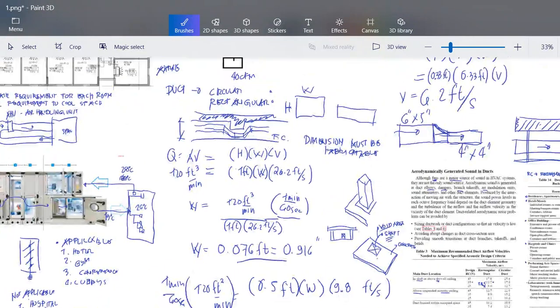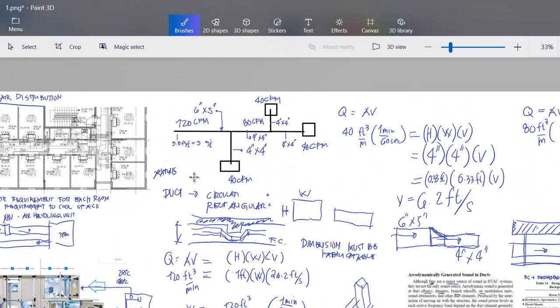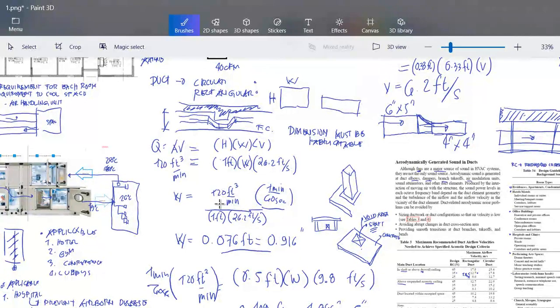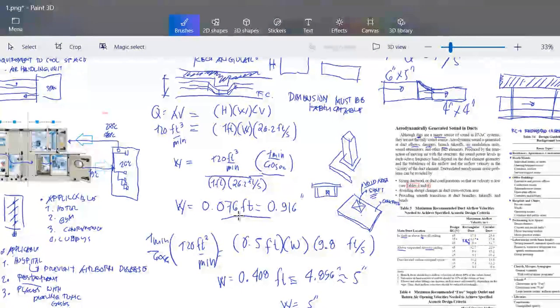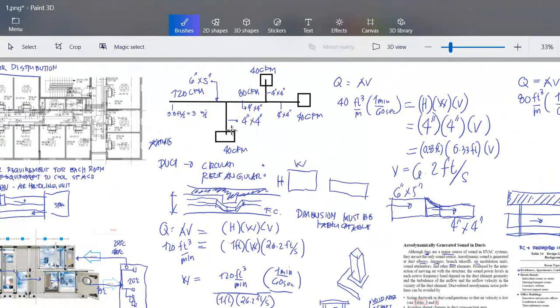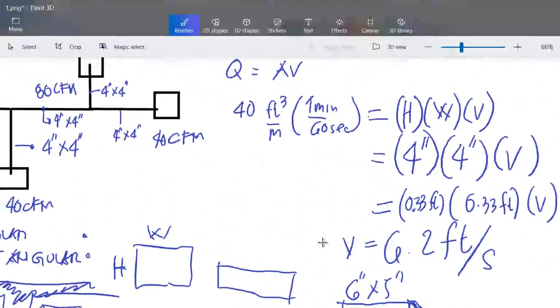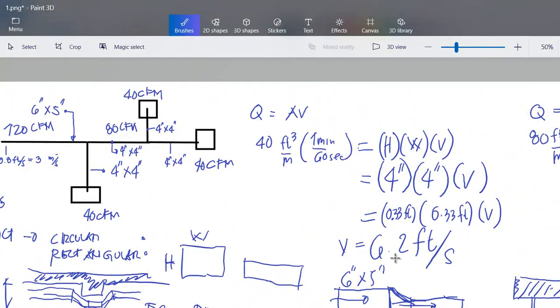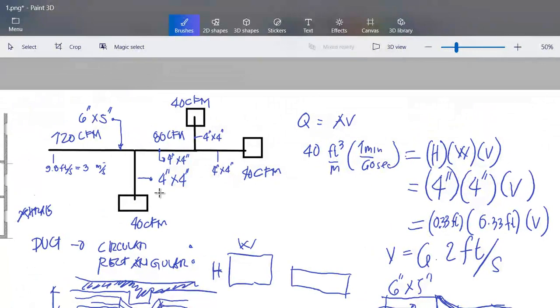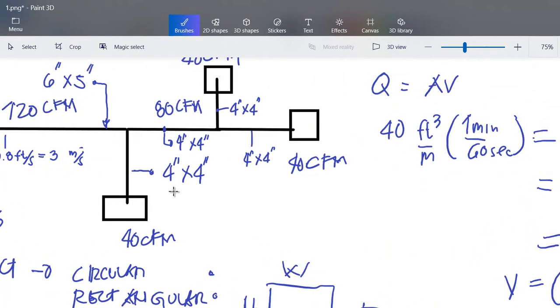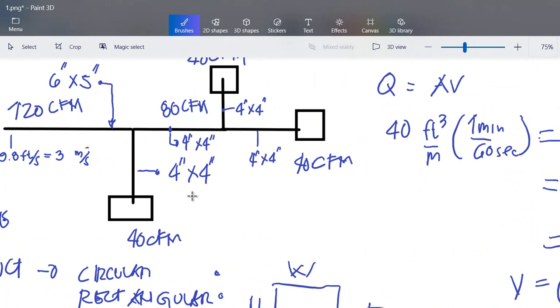9.8 feet per second. So this is branches. We have here 6.2, so the velocity here is 6.2 feet per second.